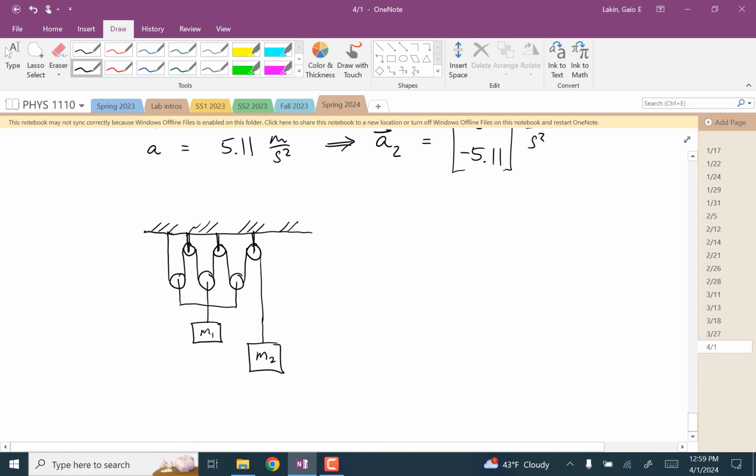Okay, so if that mass 1 lifted 1 inch, that would be an inch to each side of each one of these pulleys. So 1, 2 inches, 3, 4, 5, 6. And so this would go down 6.